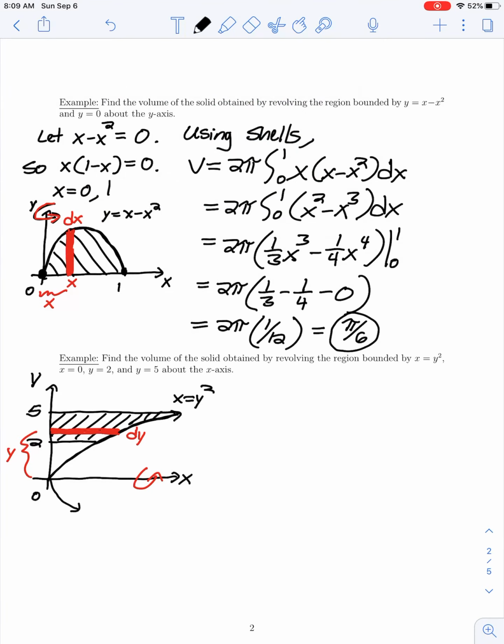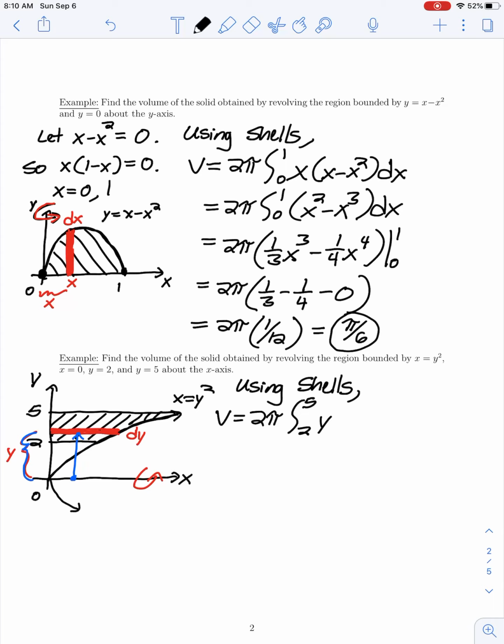So using the shell method, the volume of this solid would be given by 2 pi times the integral along the y-axis from 2 to 5 of the radius of my cylinder, which we said is the distance from our axis of revolution out to the strip, which we were calling y, how far we've moved from the x-axis in the vertical direction.